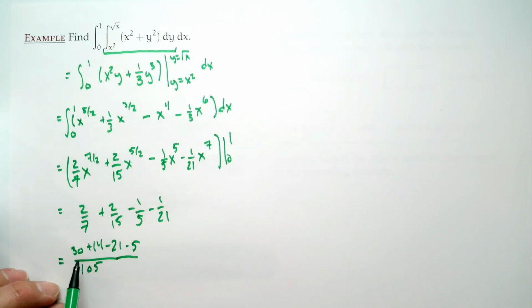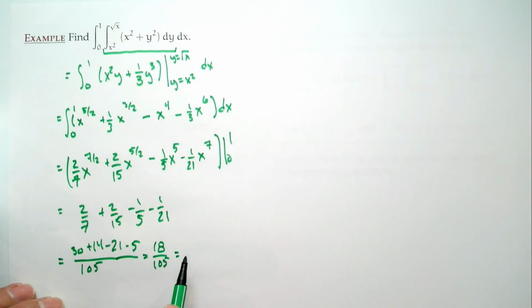So that's 44 minus 26, 18 over 105. But wait a second, 18 and 105 have 3 in common. So that becomes 6 over 35. There you go. That's not so bad.